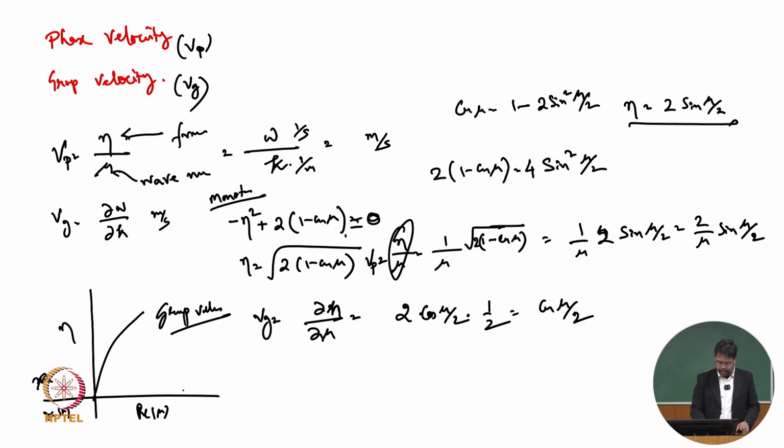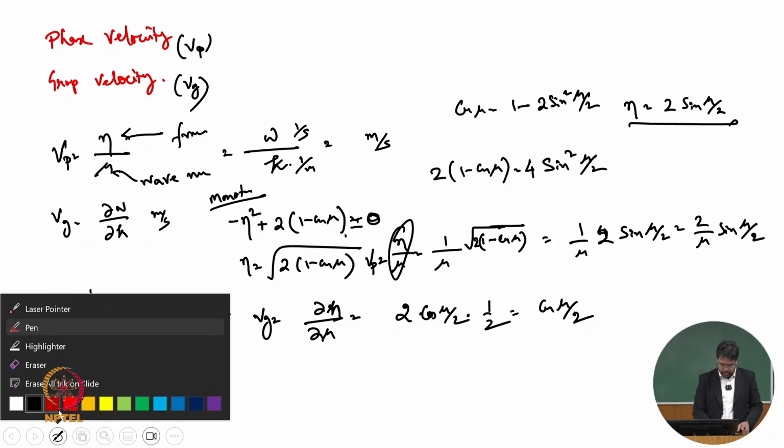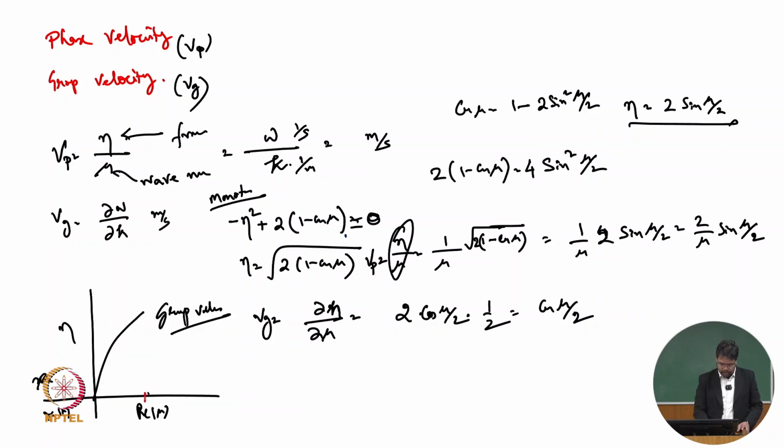This was going like that. The phase velocity will start from 1, and it will go like this.